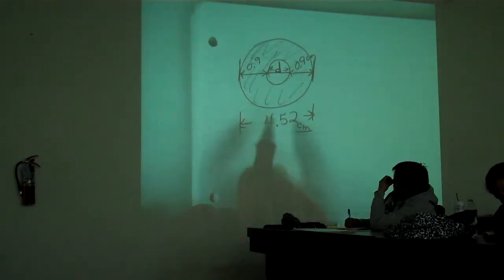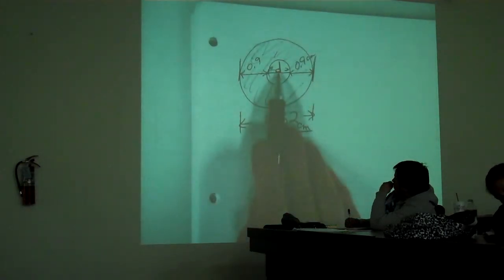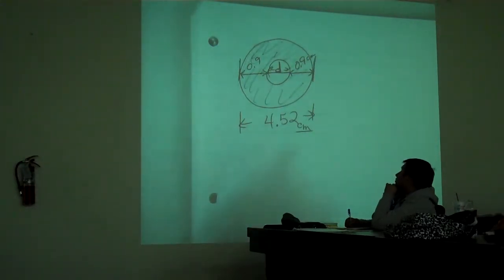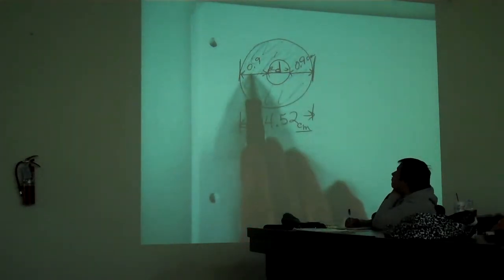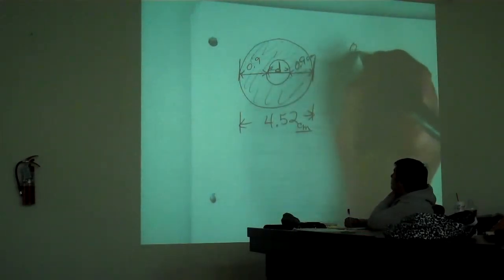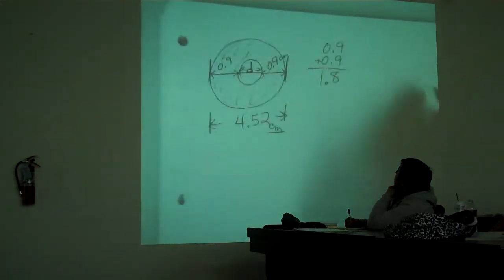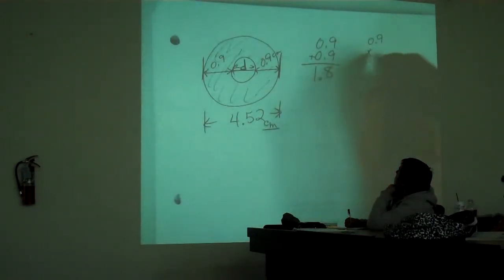Okay, so if you want to know how wide this is, how much of it is washer? 0.9, you can add it. 0.9 plus 0.9, and you get 9 and 9 is 18. Or you could say 0.9 times 2, and you'll get the same answer.